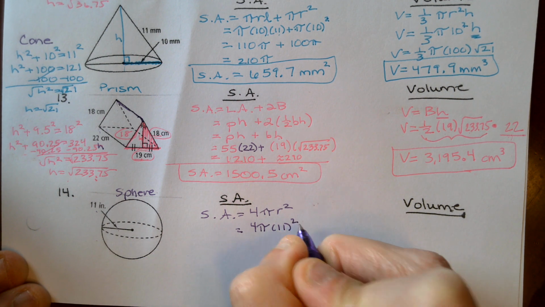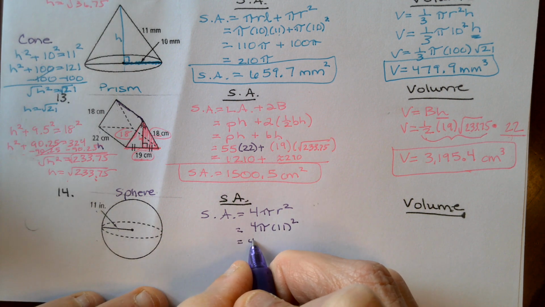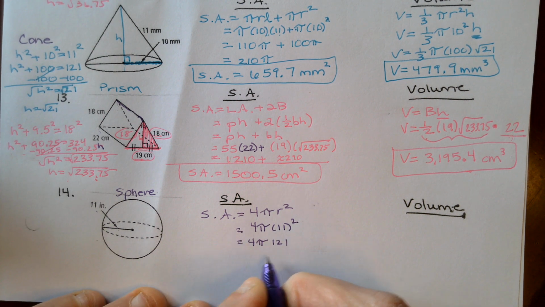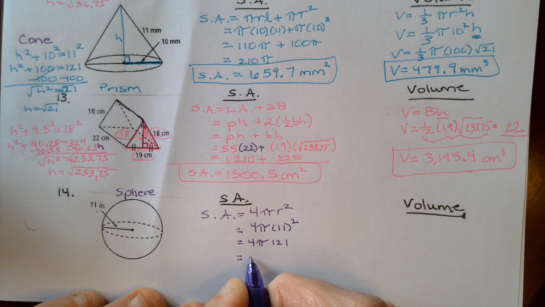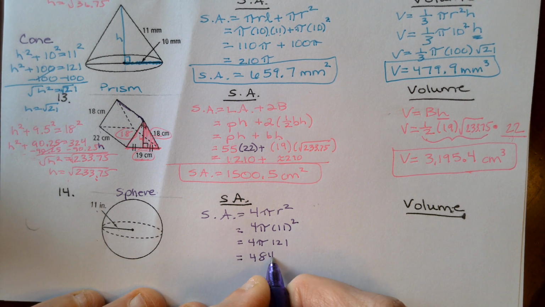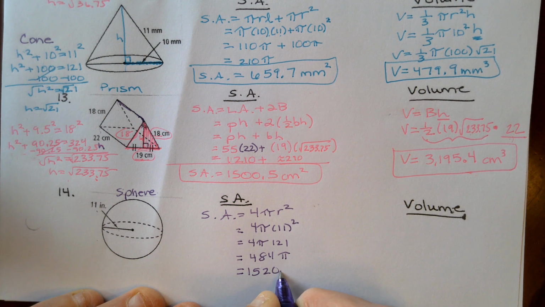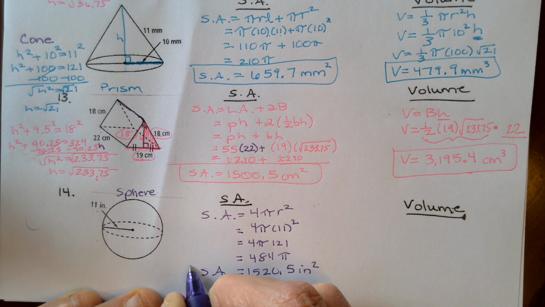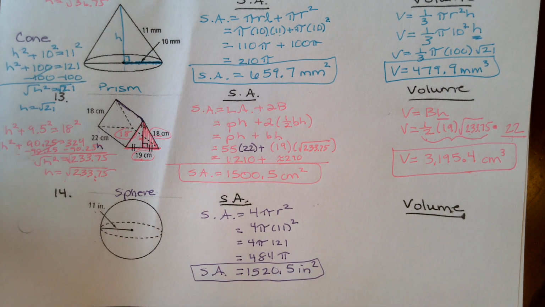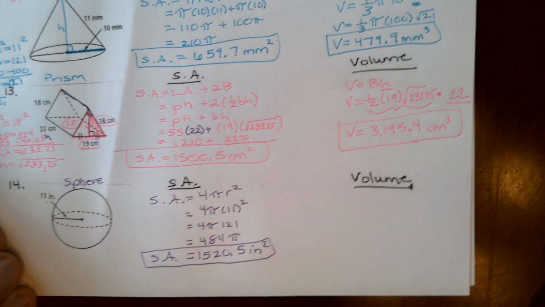Just make sure if they give you the diameter, you split it in half. 11 squared is 121. It's 484 pi, which is 1,520.5 inches squared. Remember, there's no lateral area for this because there's no bases.